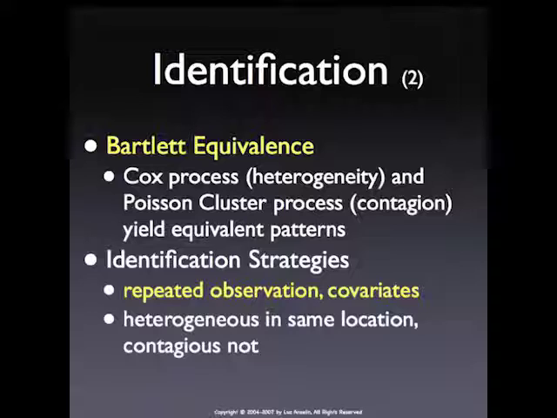You can only tell them apart if you add additional information to the question. And this additional information is something like repeated observation or covariance. Just think about it for a second. If you can't tell contagion from heterogeneity in a single picture, but you have multiple pictures, how could you start telling the difference?